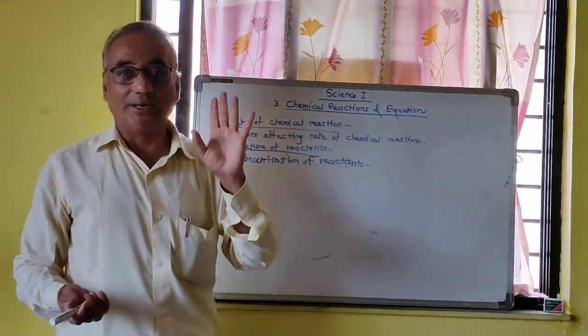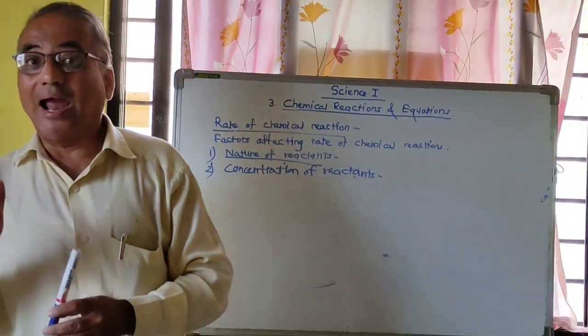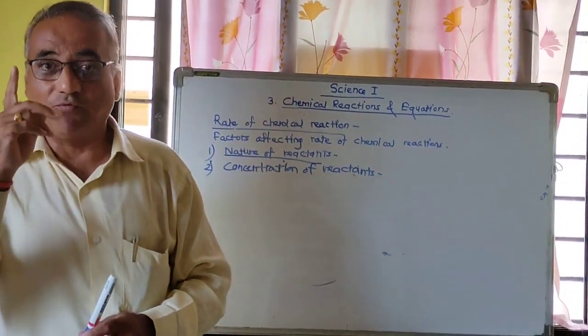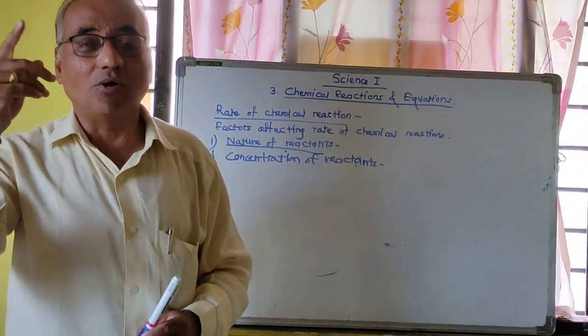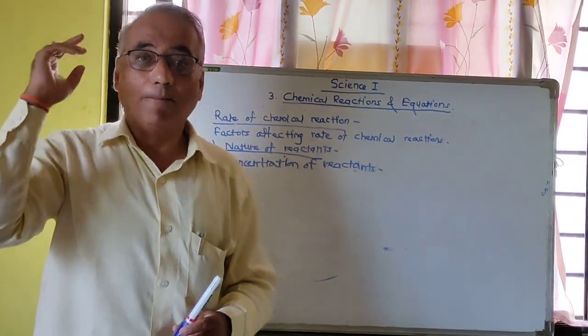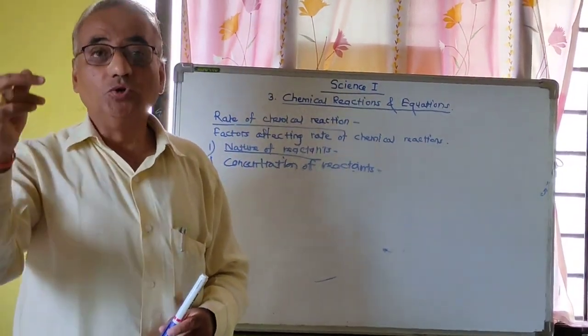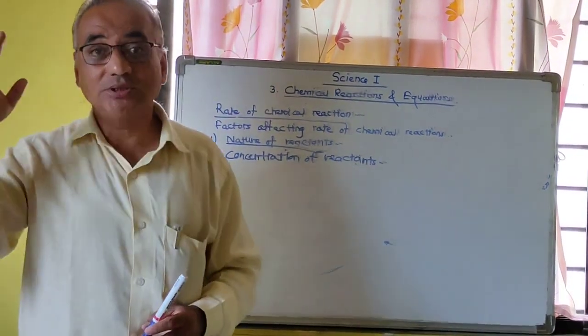Concentration of reactant. When we perform any type of chemical reaction, at that time, suppose that if we use dilute acid instead of concentrated acid, we find that the rate of reaction becomes slow. But when we use concentrated acid, the rate of reaction becomes fast.